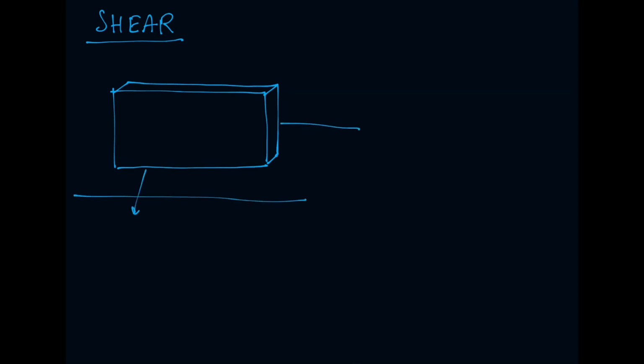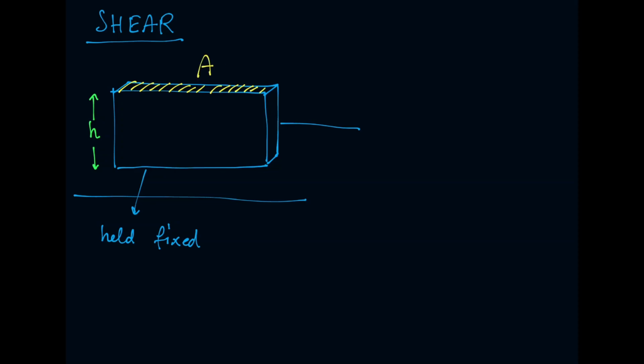So the bottom face is held fixed like this. Let's say this object has height h and a cross-sectional area A, like before.